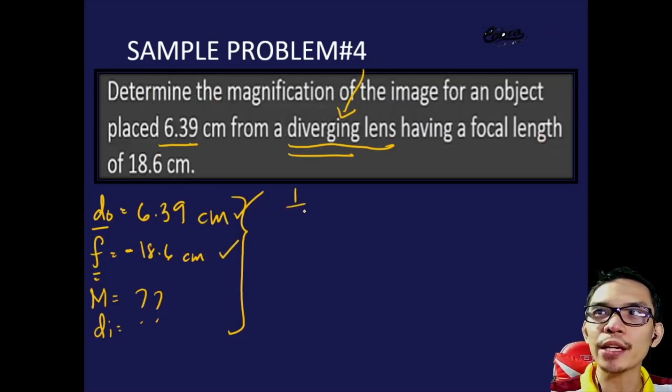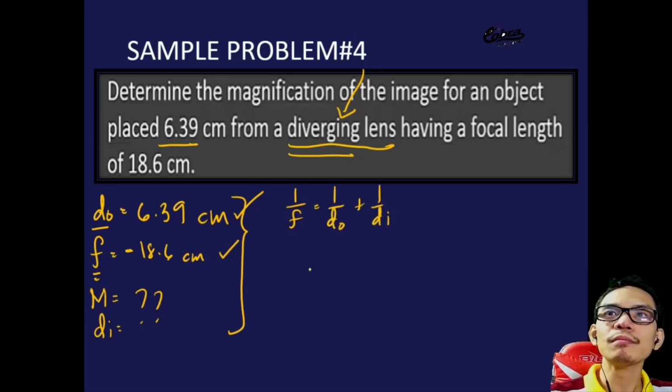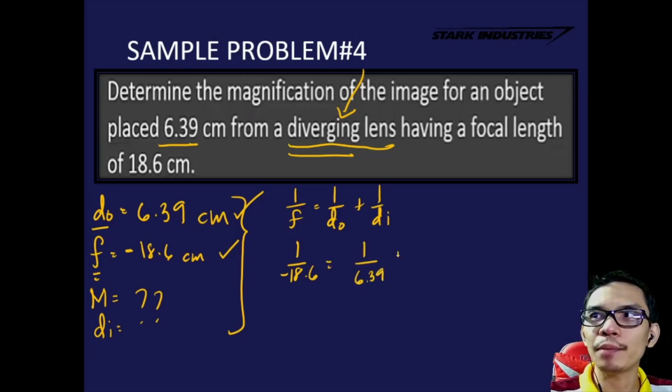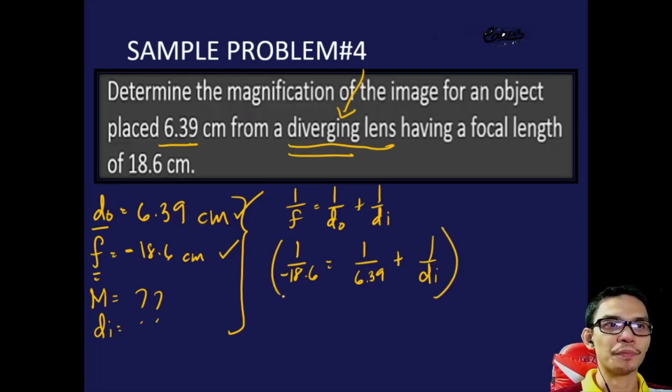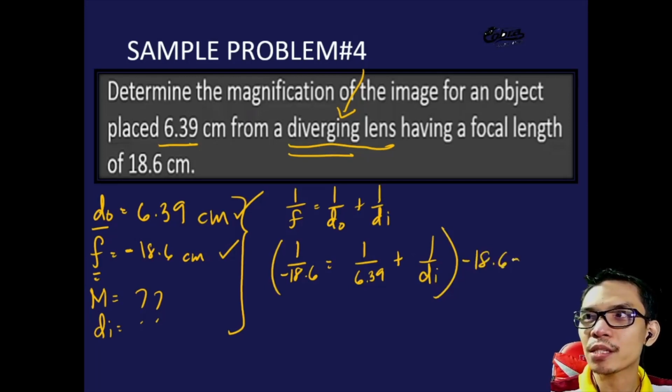First, we are going to use this equation, with d sub o plus d sub i. Therefore, 1 over negative 18.6 is equal to 1 over 6.39 plus d sub i, which is the missing value. So we have negative 18.6 d sub i.